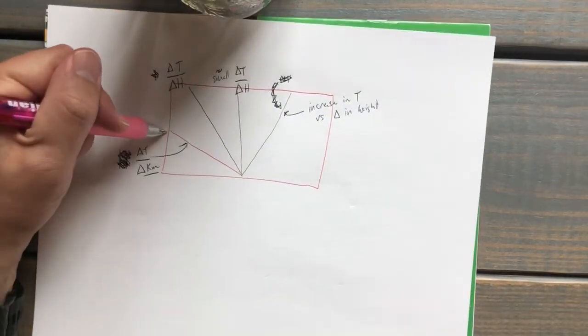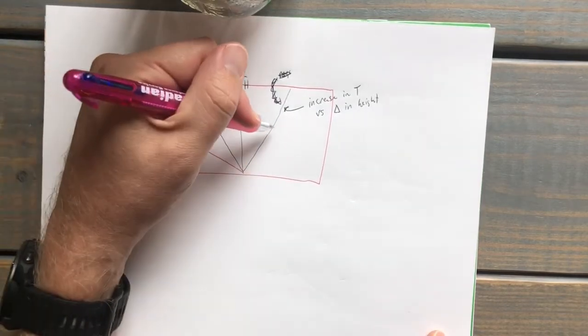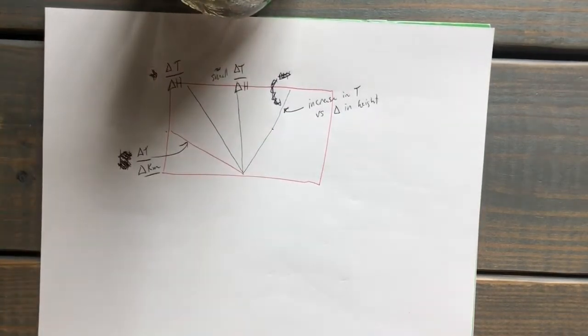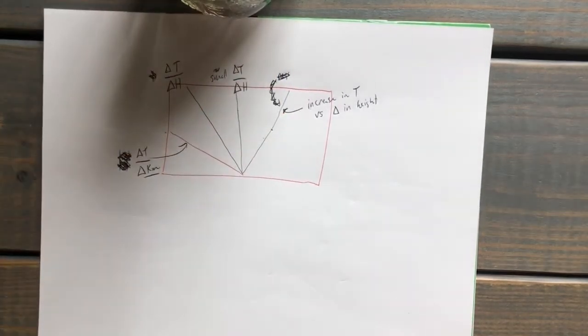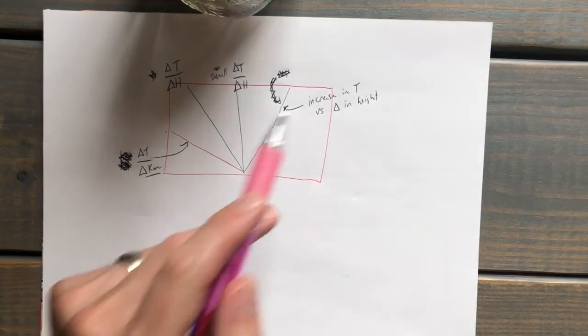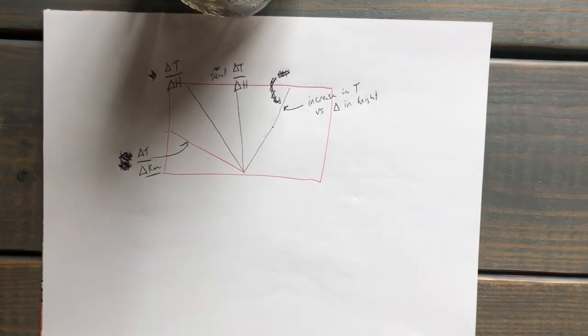So we have steep, moderate, gentle, and negative lapse rates. A negative lapse rate is associated with an increase in temperature versus a change in height. This is a special scenario that we'll talk about whenever we talk about weather.